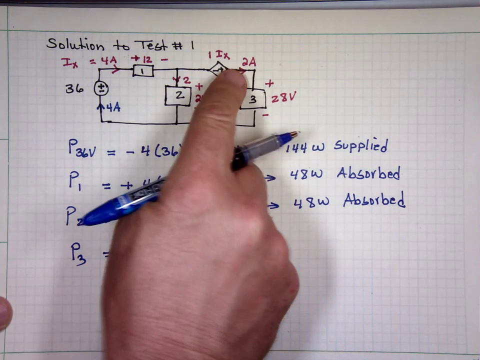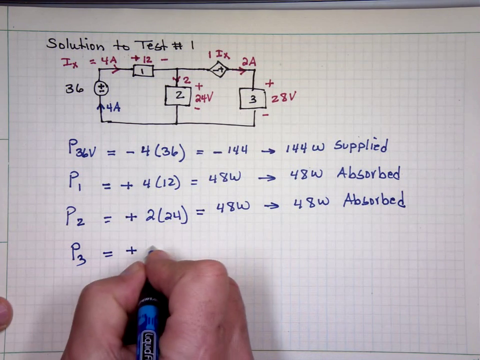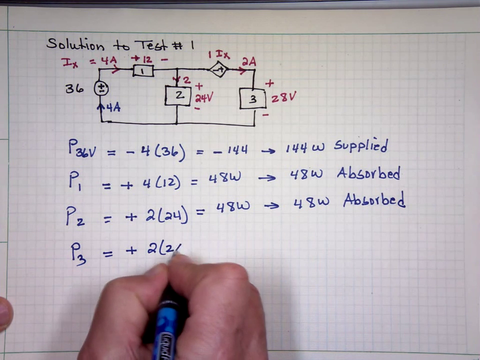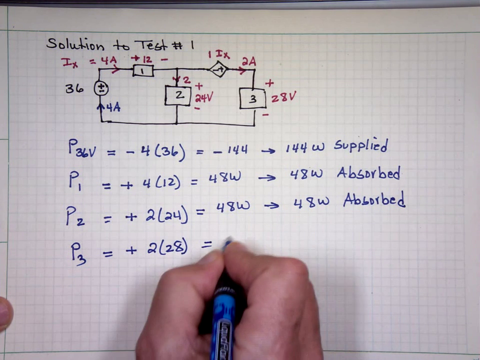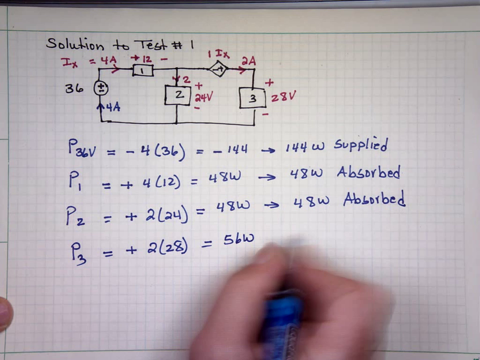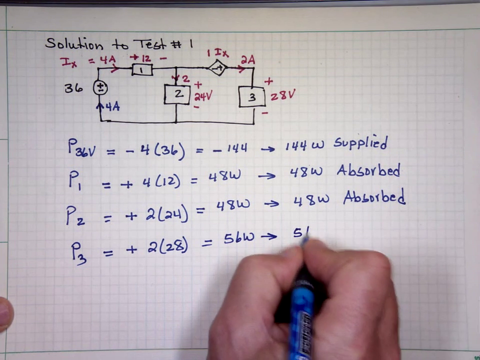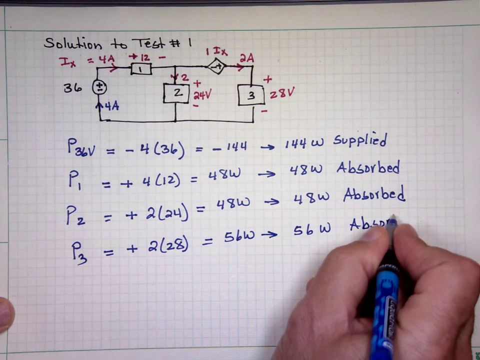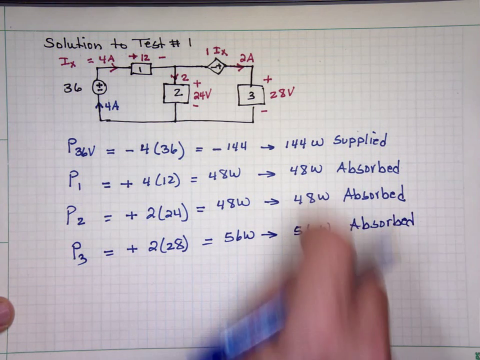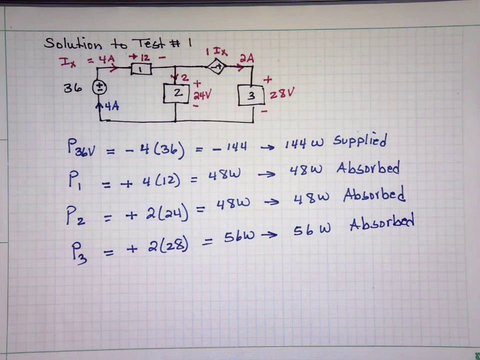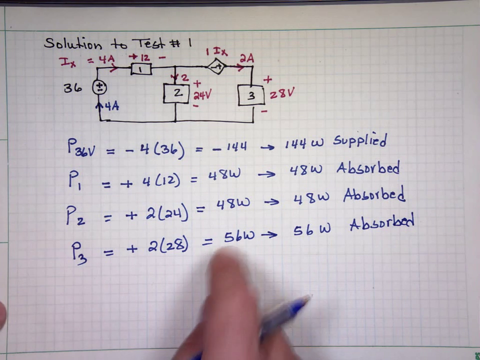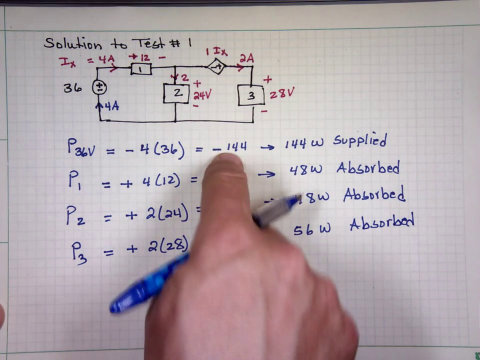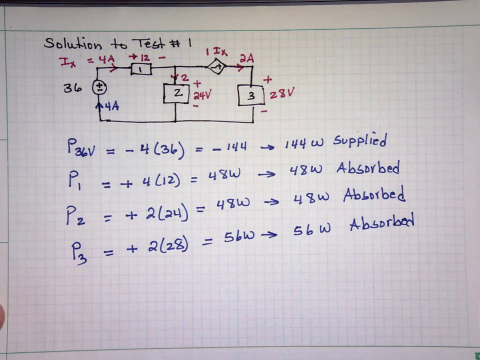Again, positive current entering the plus, that's a positive 2 times 28. Is that 56? Yeah. Now if you add the pluses here, they're actually more than 144. 56, 48, and 48 is bigger than 144. So somebody else is supplying power.